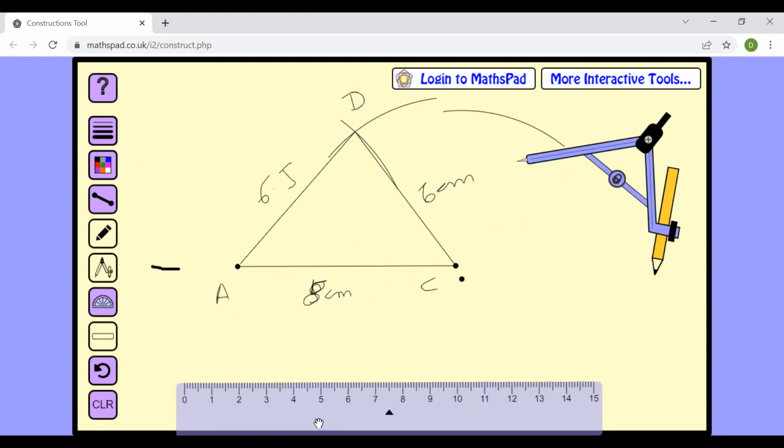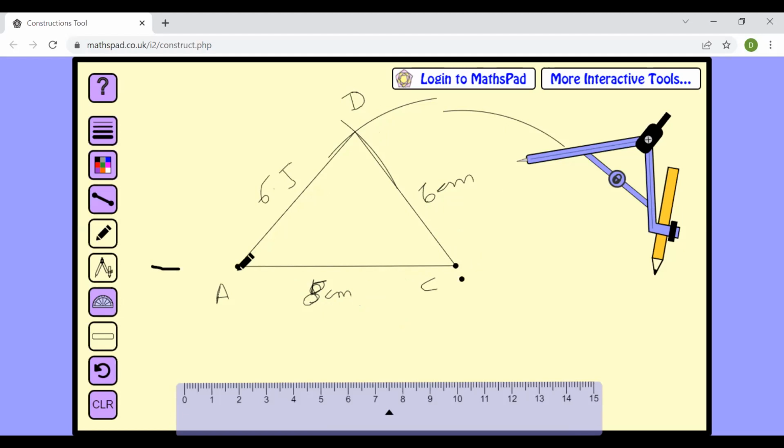Okay, so we have done the upper portion. First we have drawn this AC diagonal and then we drew this D point. For getting the D point, we kept the compass needle at C and took the arc at 6 centimeter.